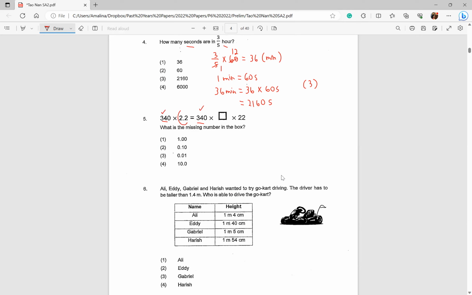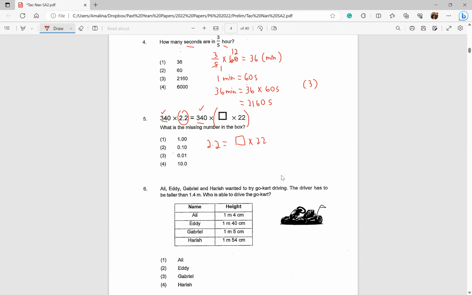So this part is already satisfied. Now this 2.2 must balance out with the number inside the box times 22. So I know that my 2.2 equals the box times my 22. So this number 2.2 is smaller, which means that this must be a decimal. So what do I multiply this? Now 22 must multiply by a decimal to get your 2.2.